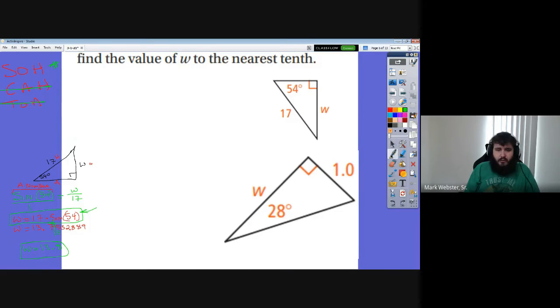First thing we're going to do is redraw this triangle here. And just like we did before, I want to make it all look the same. Our angle needs to go here in the bottom left corner.